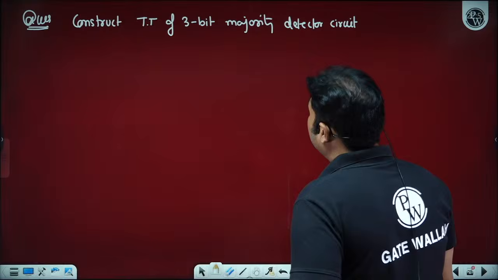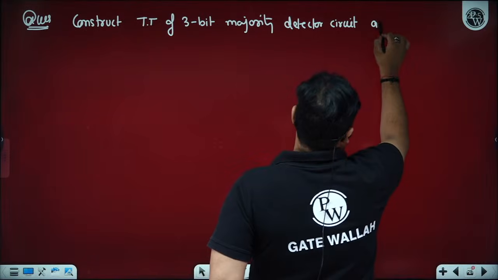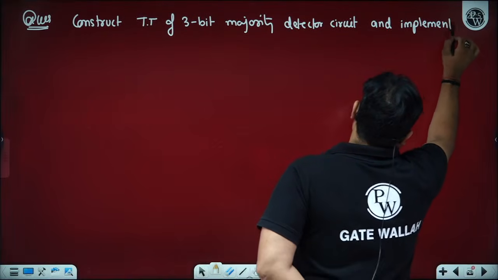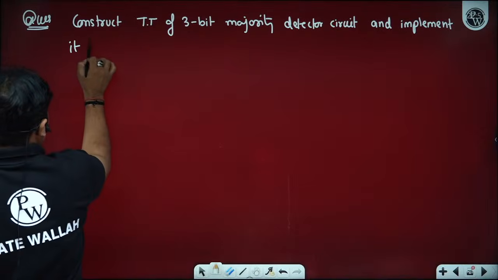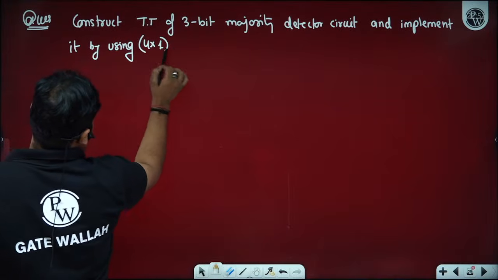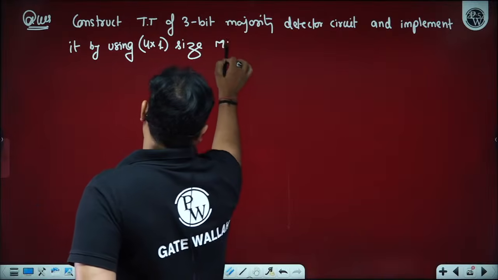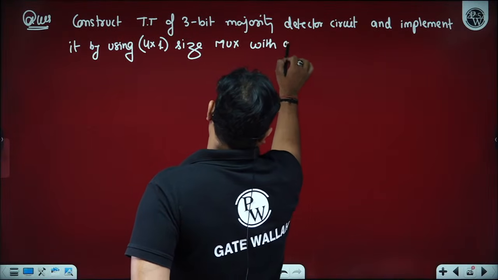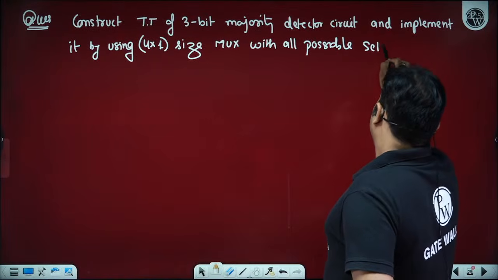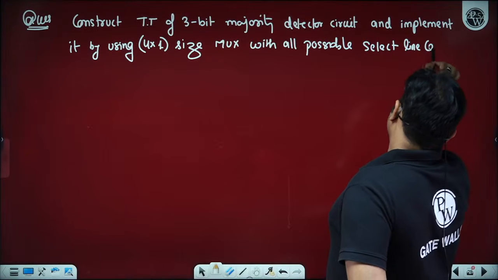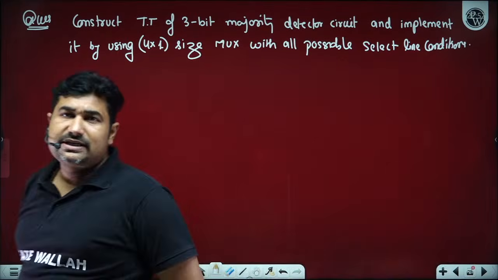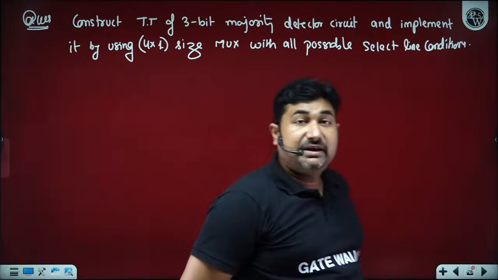and implement it by using a 4x1 size mux with all possible select line conditions. Suppose I am interested to design a 3-bit majority detector circuit.